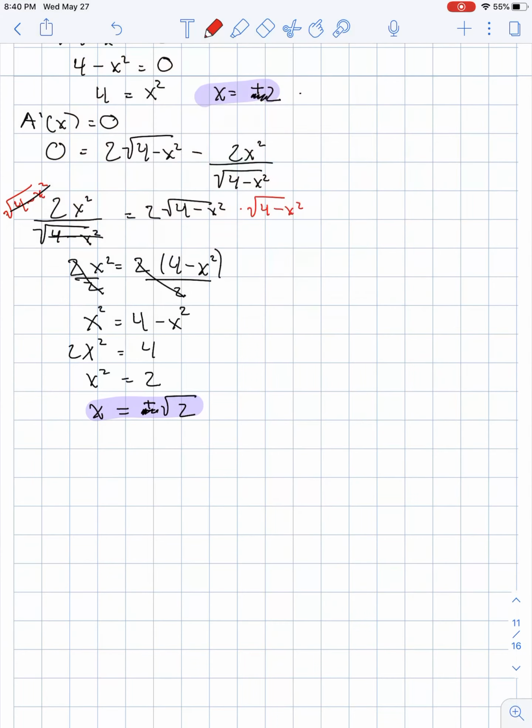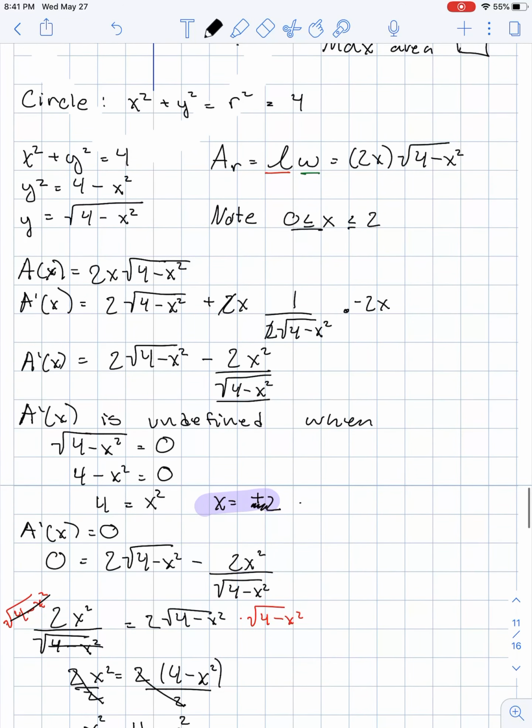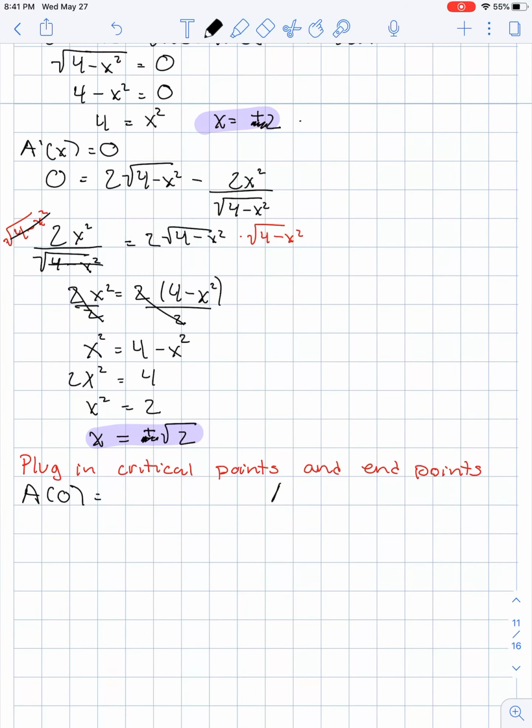So now we're going to plug in our critical points. Okay, so the area at 0, what is area? Oh, right here. 2x times square root of 4 minus x squared.